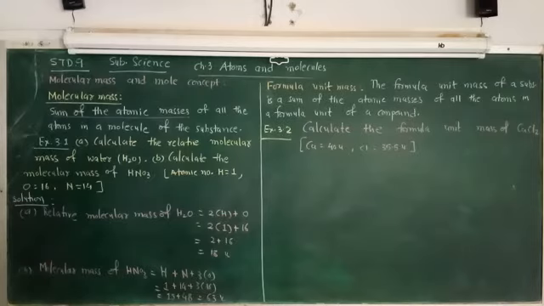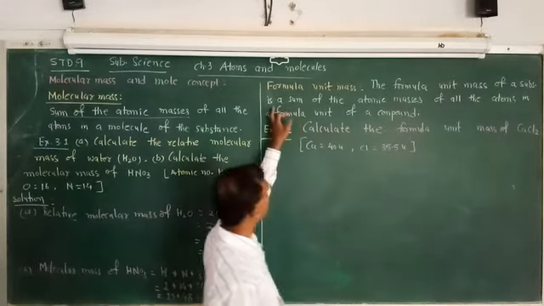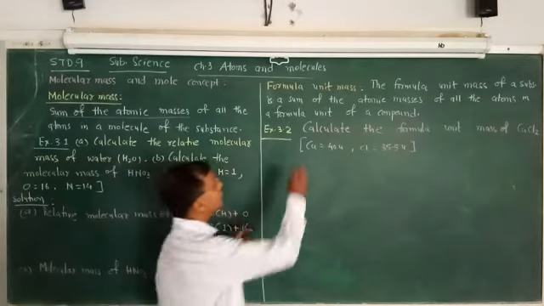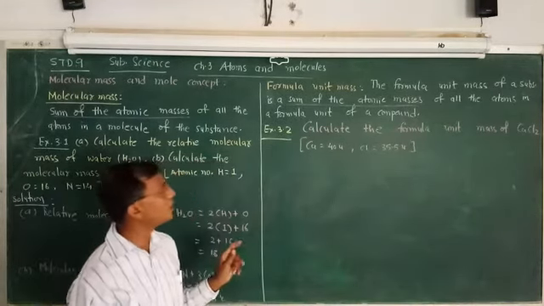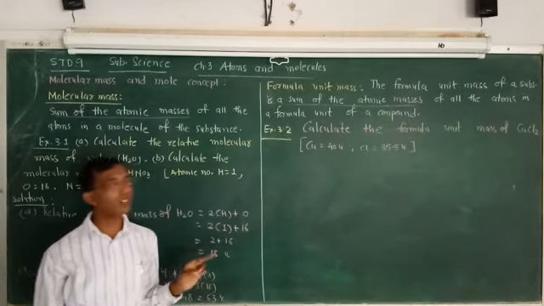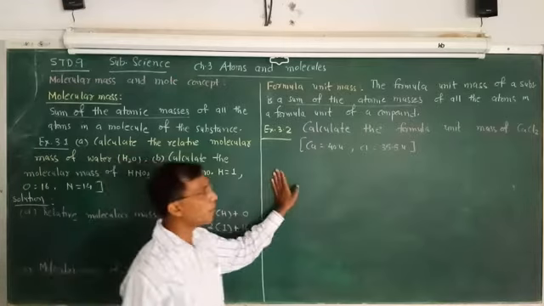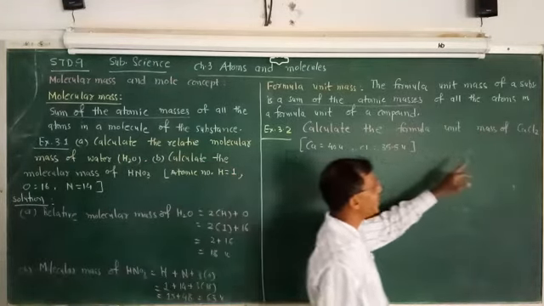Now the next topic is formula unit mass. The formula unit mass of a substance is the sum of the atomic masses of all the atoms in a formula unit of a compound. For example, calculate the formula unit mass of calcium chloride, CaCl2.